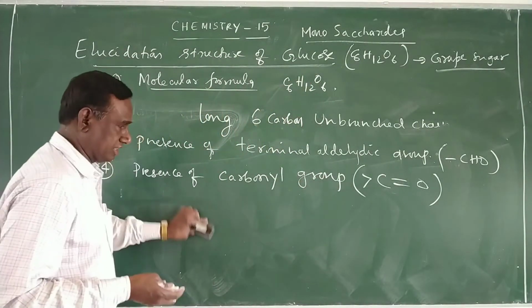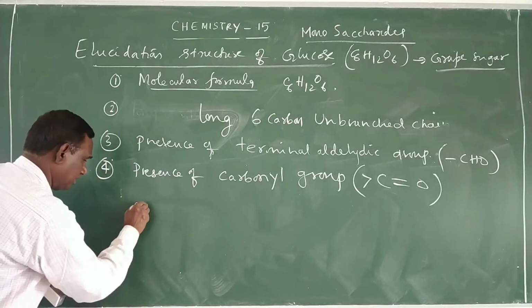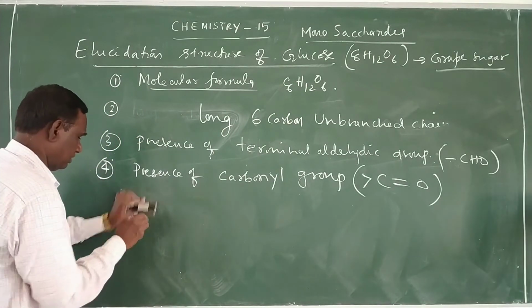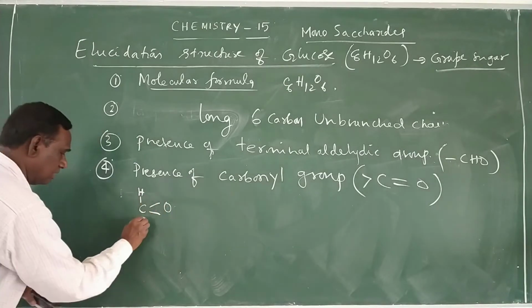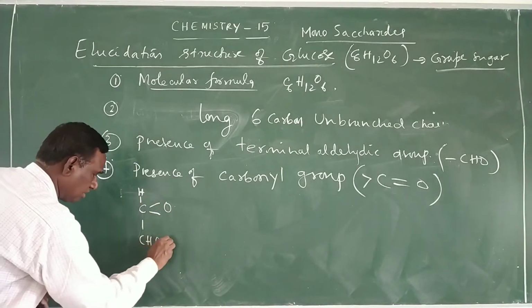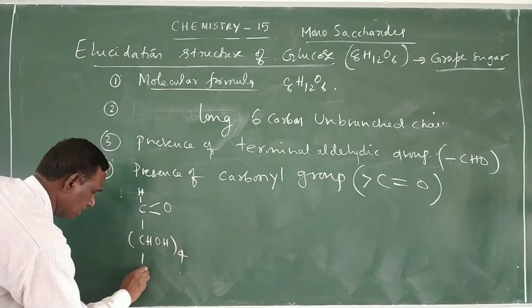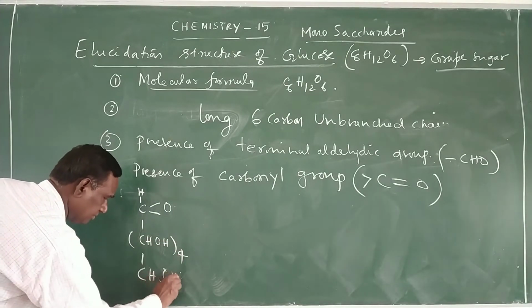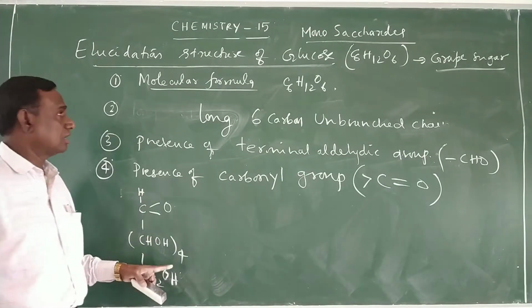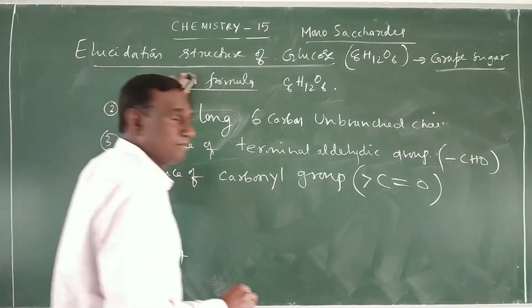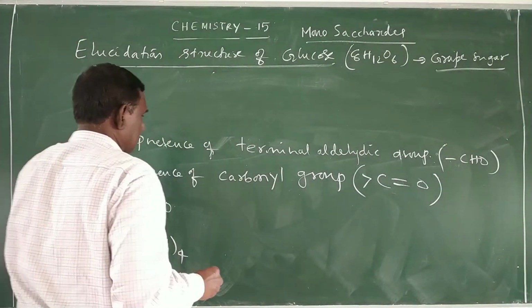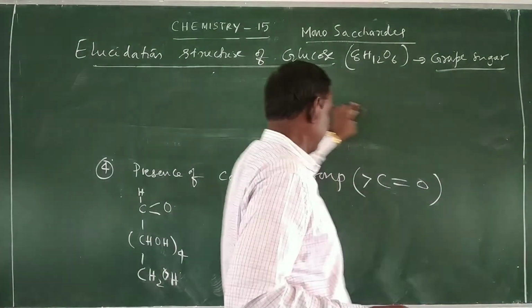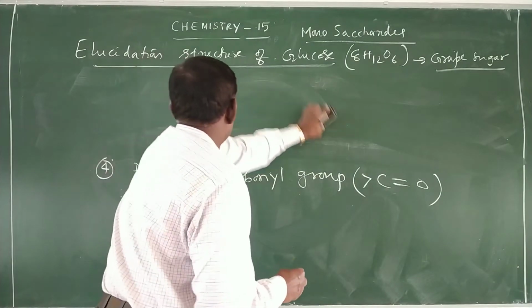Let me write the first reaction here. Here CHO, CH double bond O, then CHOH four times, single bond, CH2OH. So that is the fourth factor I am going to explain: the presence of a carbonyl group.